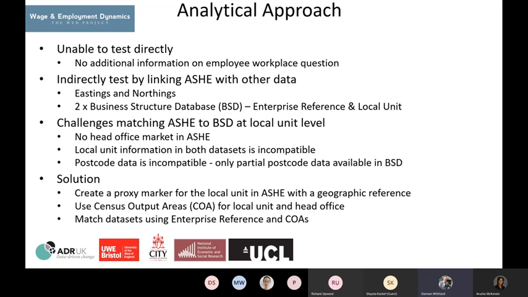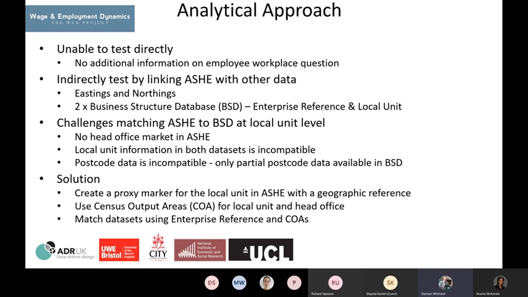Okay, so we're unable to test for this bias directly because there's no further information in relation to this location of employment question in ASHE. Therefore, we looked to bring in other data sources in order to do this type of analysis. We directly linked ASHE to the Eastings and Northings data set, and that gives us a geographic point of where people live and where people work.